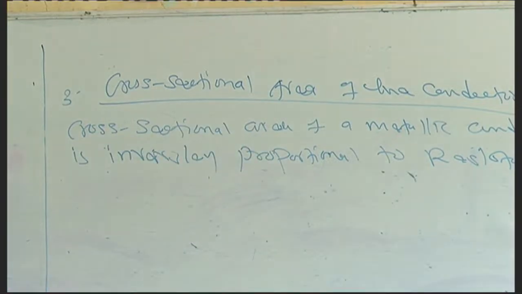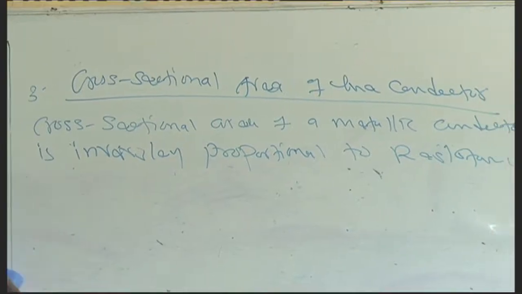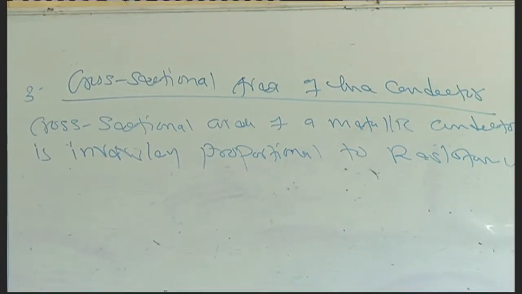This means the thicker the wire, the lower the resistance. If you use a thicker wire or a wire of a bigger cross-sectional area, the resistance is reduced. That is what this statement means. It is inversely proportional to resistance. So the thicker the wire, the lower the resistance.